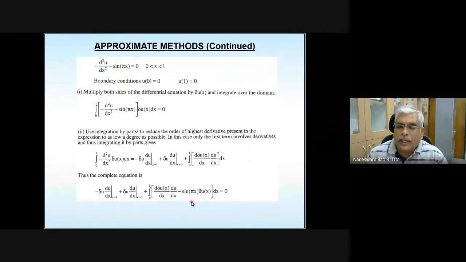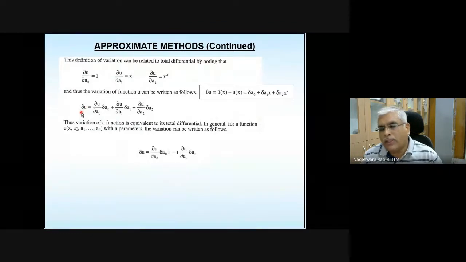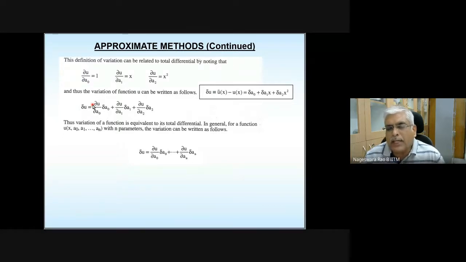Now if you had noted this last equation, I want to make use of this concept here. Instead of variation of u, I can have variation of something inside the bracket.